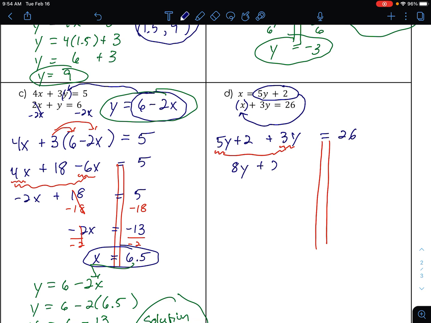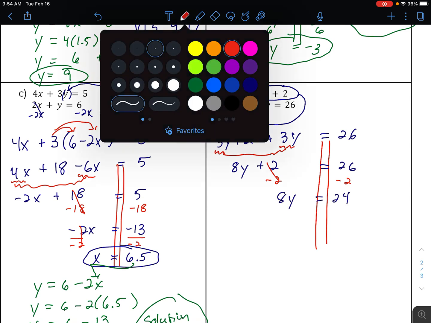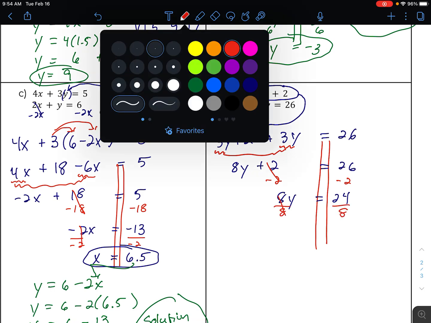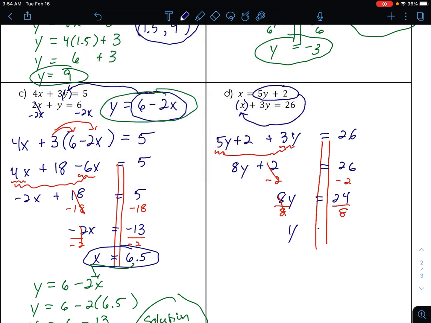So that would be 5y plus 3y would be 8y plus 2 equals 26. Subtracting 2 from both sides, we get 8y is equal to 24. Dividing by 8, y is equal to 3.